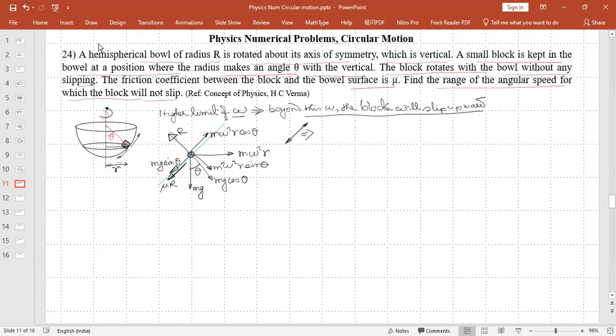Along the slope, I find m omega square r cos theta will be equal to the opposite forces: mu R and mg sin theta, so m omega square r cos theta equals mu R plus mg sin theta.